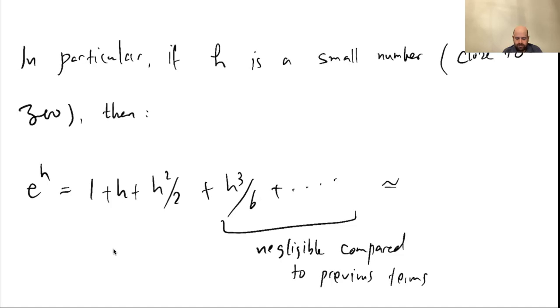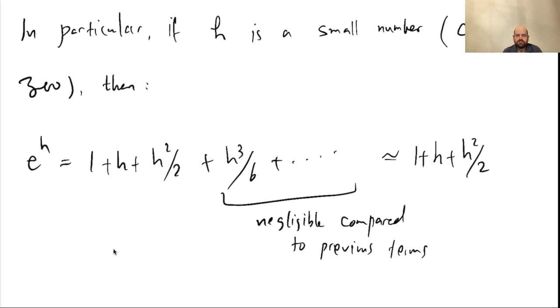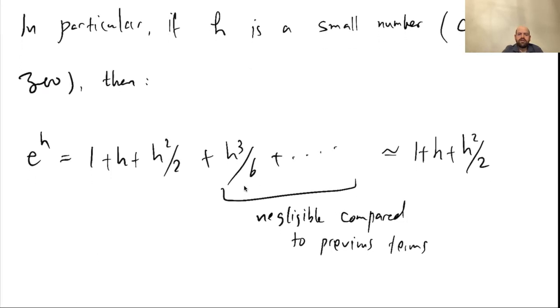So I can say this is almost equal to 1 plus h plus h squared over 2. It's obvious that the next term itself is negligible compared to these three terms. But why can I say that even when you add it with all the next terms, the whole result is still negligible?